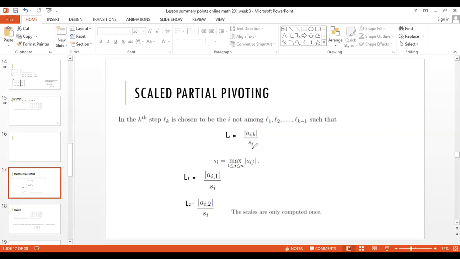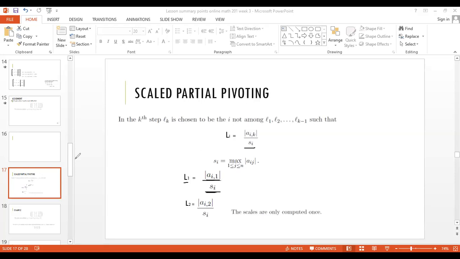To obtain the li, what you do is first you find the absolute value of the leading coefficient, divided by the maximum value in what? Each row. So L1 is going to be the leading coefficient in row 1, absolute, over the S1, which is the maximum value in row 1. And then once again you find the absolute value.